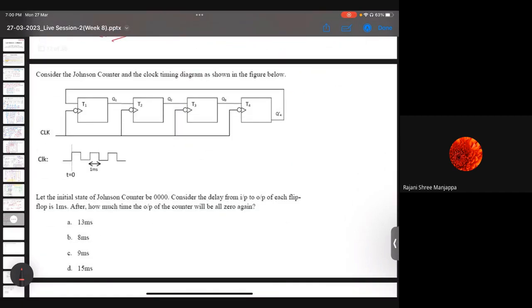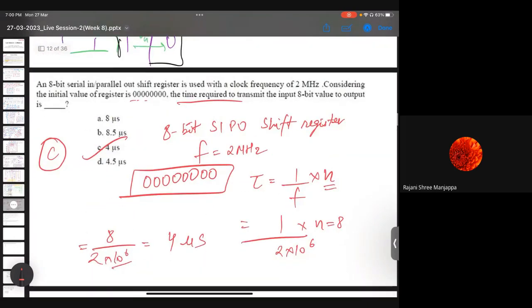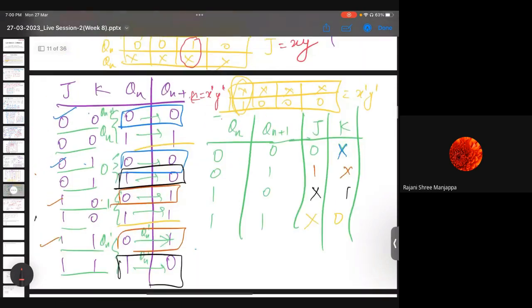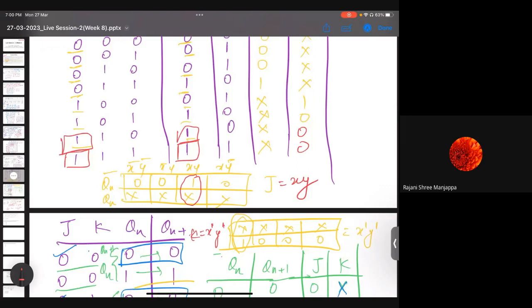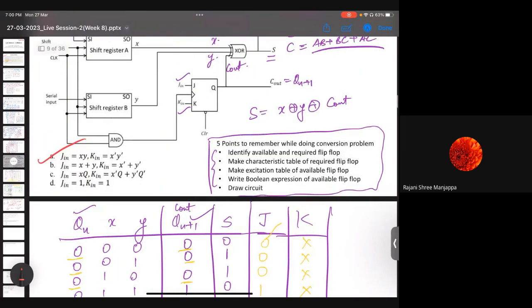So, show the previous question's answer. This one. We're talking about this one. Okay, JK1. Yeah, sure. Here's the answer.